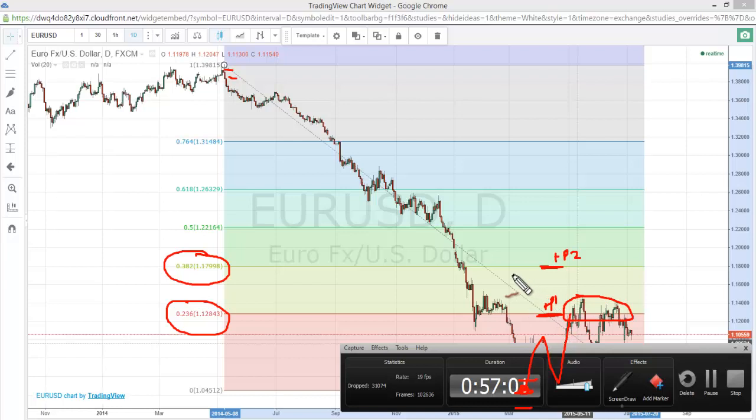Now, if the price goes and flirts a little bit with the 50% line, I would personally stay out. You would probably be looking to sell again, because you would sell at every level if you are one of those traders that wants to go against the trend that is forming.